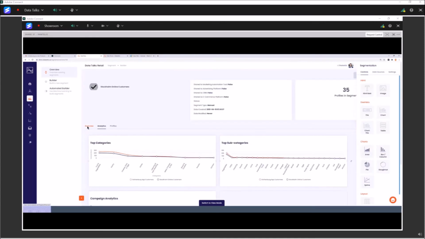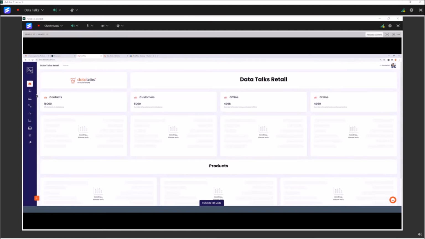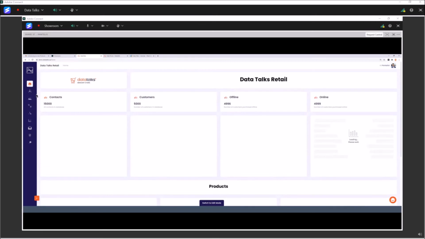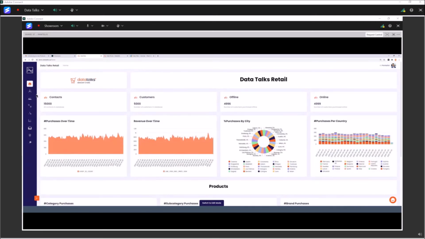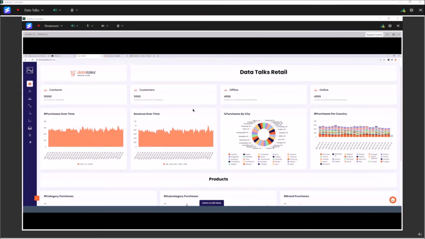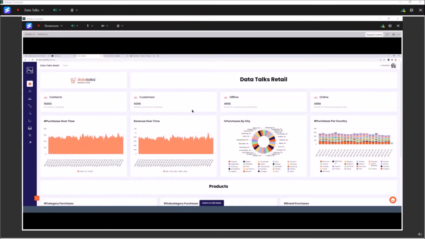Very generic KPIs across all segments might not give you the answers that you want in the analysis that you like. So this was the demo for Datatox Retail. What we saw here is how we can collect data, how we can bring data to Datatox CDP, how we can analyze the data and what are the capabilities.